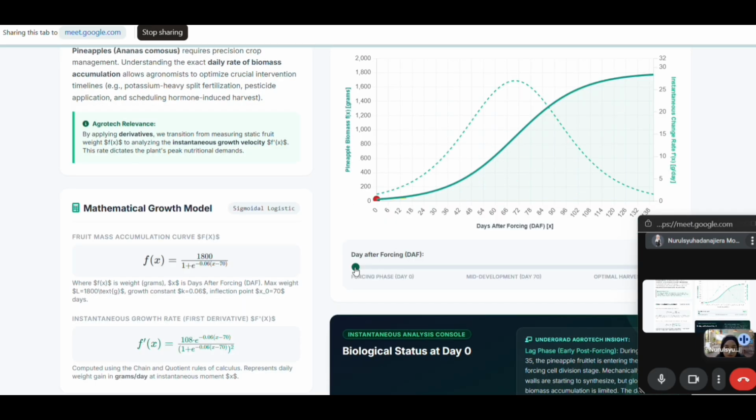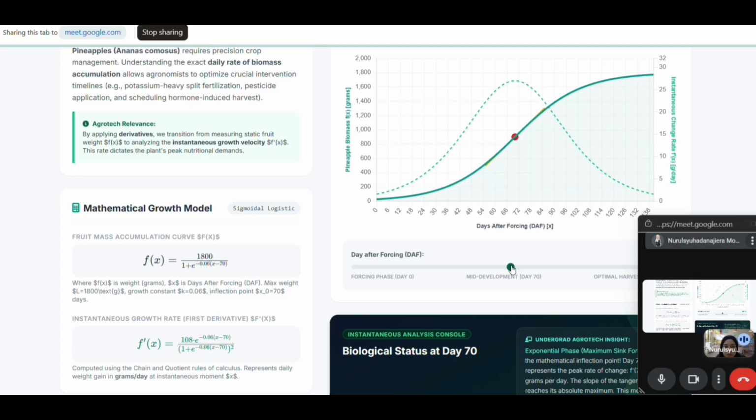Then let's look at the key points based on our simulator. Day 0 is the starting point. The fruit biomass is almost 0 and the growth rate is very low because the development is just starting. And then day 70.